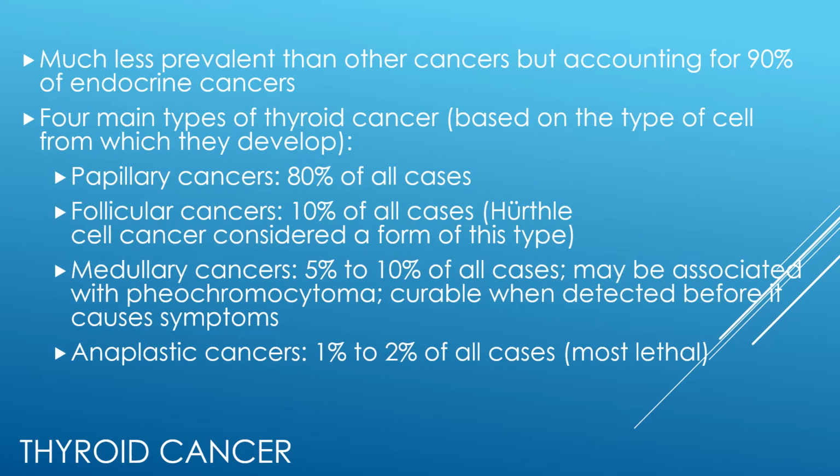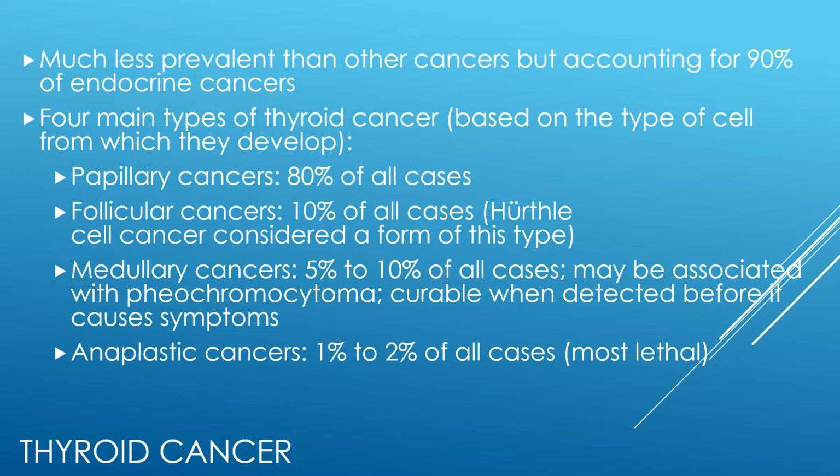So thyroid cancer is much less prevalent than other cancers, but it accounts for about 90% of all endocrine cancers. There are 4 main types of thyroid cancer based on the type of cell from which they develop. Papillary cancers are the most common. Follicular cancers are about 10% of all cases, and this would include Hürthle cell cancers.